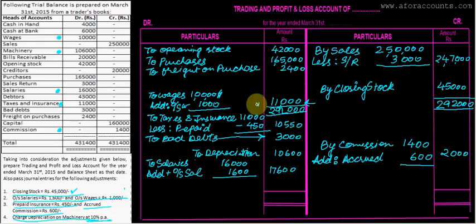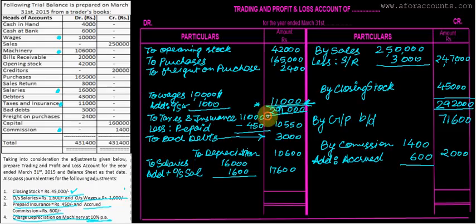There is no space, so I am just writing it here by gross profit brought down, I'll take it to the profit and loss account. The difference amount will be 71,600. You need to have the 71,600 here also written as to gross profit carried down. This is to gross profit transferred to the profit and loss account.